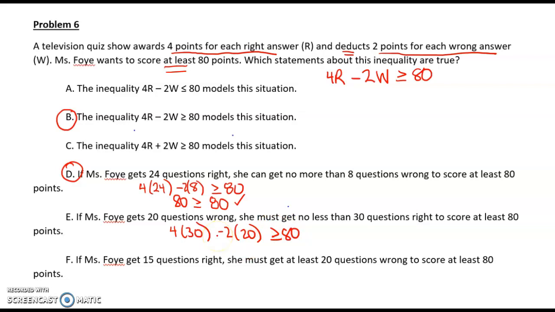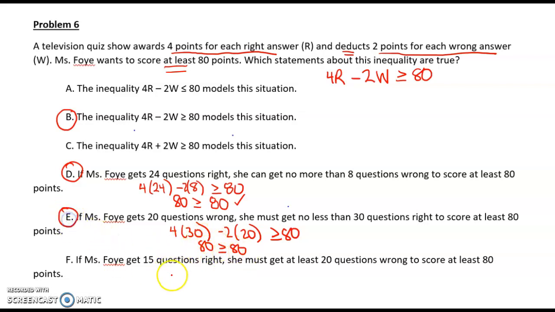Okay, 4 times 30 minus 2 times 20. And that gives me 80 again. It's greater than or equal to 80. Okay, if she got any more questions wrong, no less than 30 questions right. Yeah, if we got 29 questions right, this number would drop.